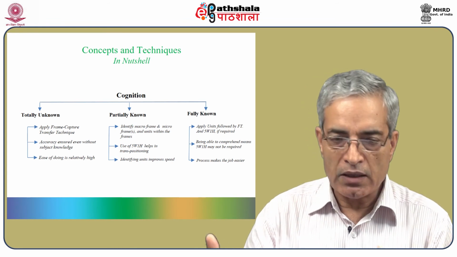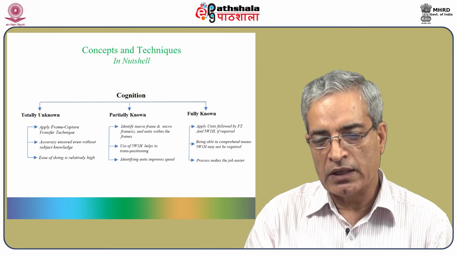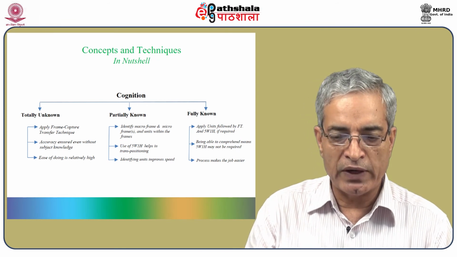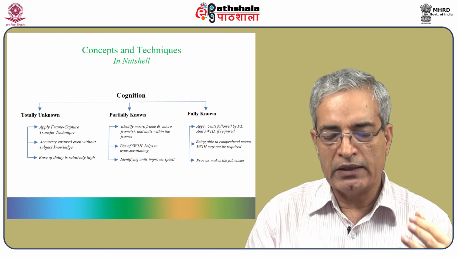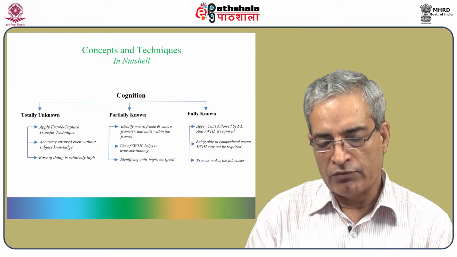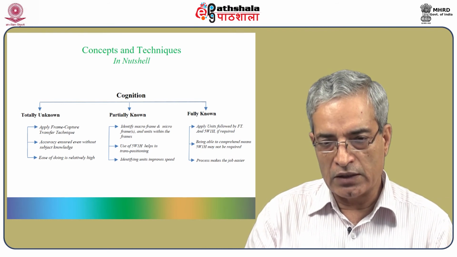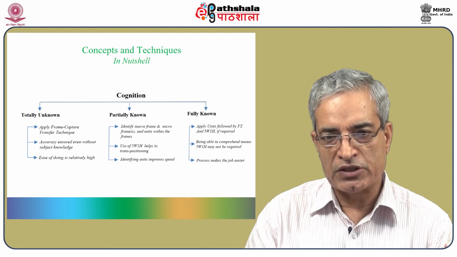Now you see another article which you have to translate, and you suddenly find, oh, the content is quite similar, and I know this also, and you find that it's fully known. In such case, frankly speaking, you don't need any technique to attempt. If you are a translator and if you are familiar, you are finding that the degree of familiarity is very high, you can straight away go and do translation.